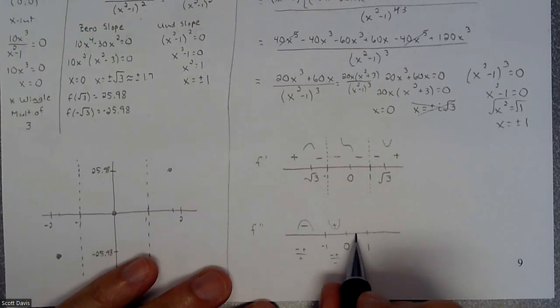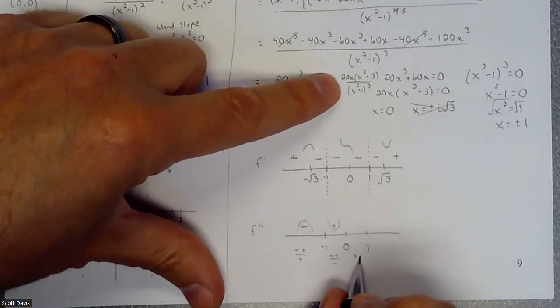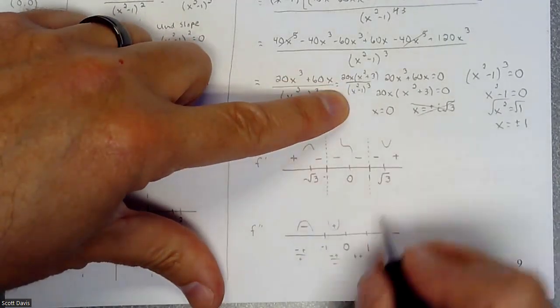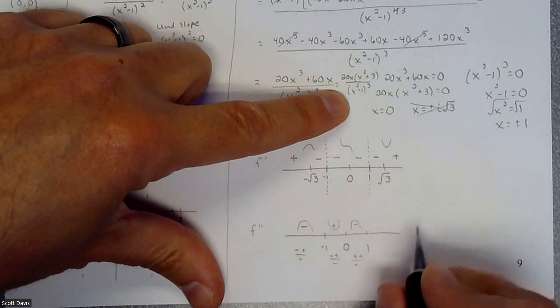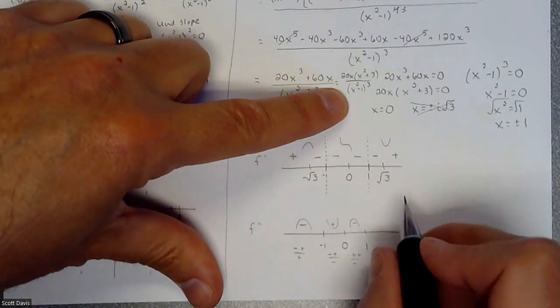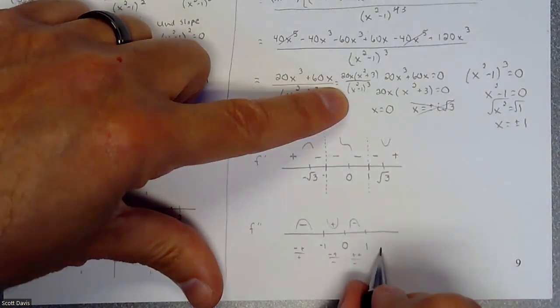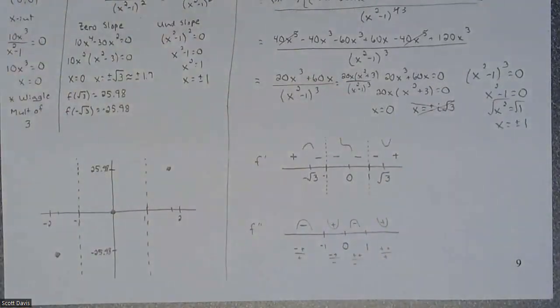And then positive 1/2 will be a positive, positive, negative. Concave down. And then finally, last thing, we got a value that's greater than 1. So like a 2. So that'd be a positive, positive, positive. All right, so all of that is what we were looking for.